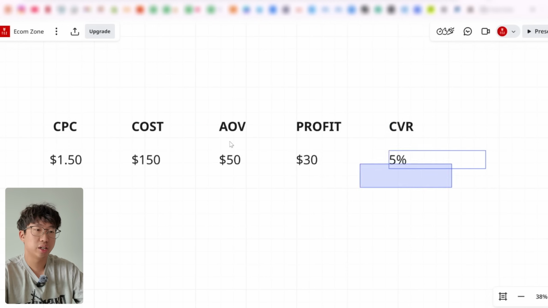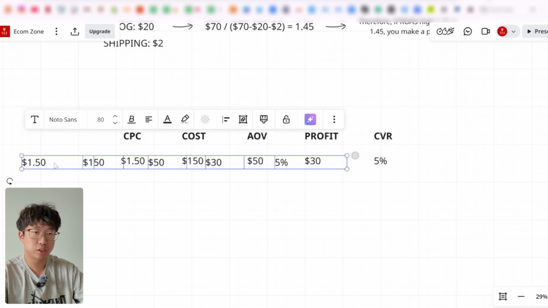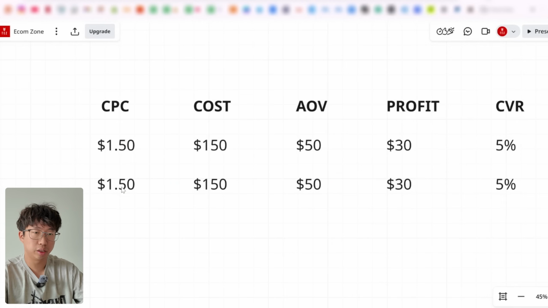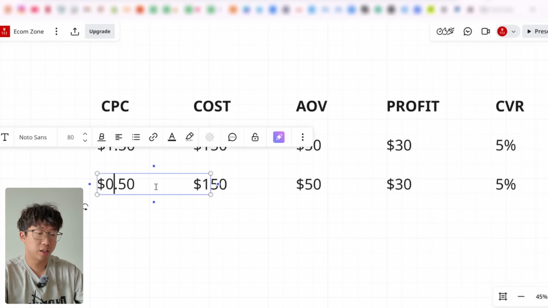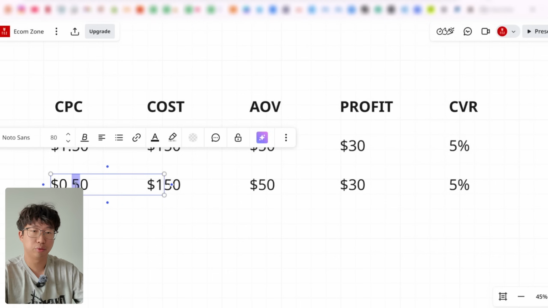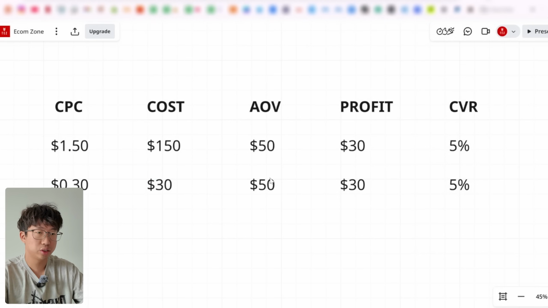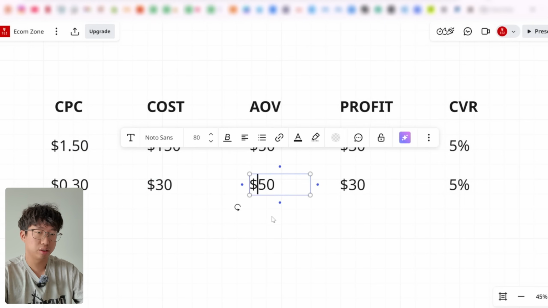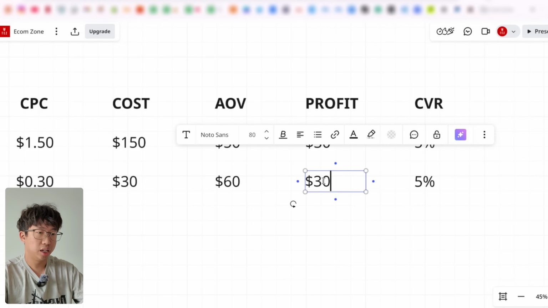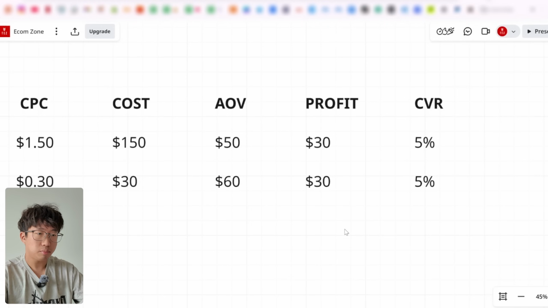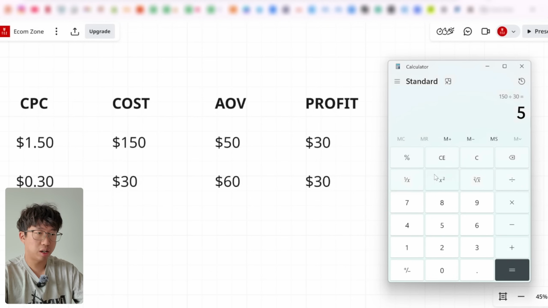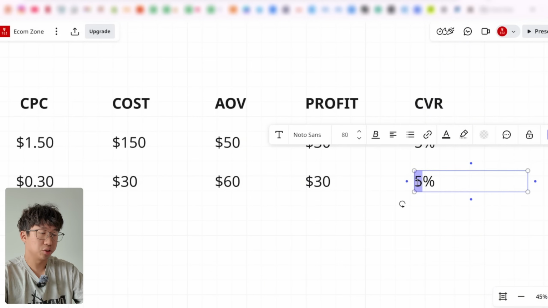You don't want this. Ideally, what you want is something like this. Let me bring another example here. So let's just say my one's 0.5, right, or 0.3. That means the cost for 100 visitors is $30. My average order value is $60 or 70, and my profit is 30. Let's see, cost divided by profit is 1% conversion rate.